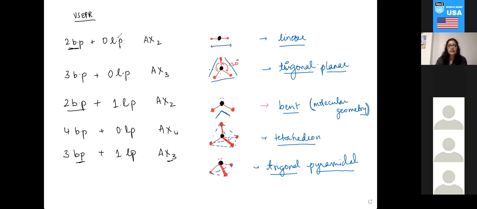Okay. So VSEPR is capable of only telling you the shape of the molecules. You can visualize how the bonds are arranged, how the electrons are arranged, how the individual atoms are arranged.